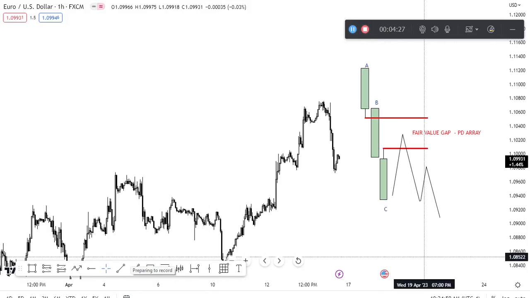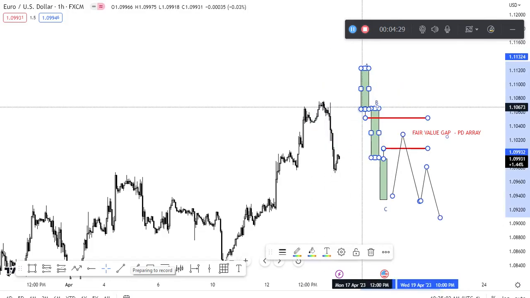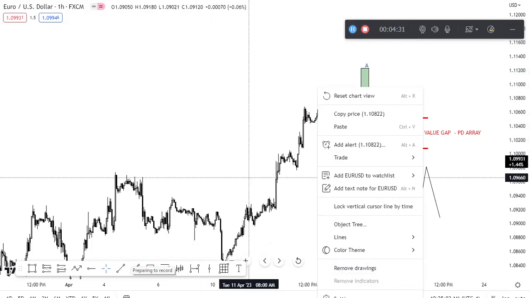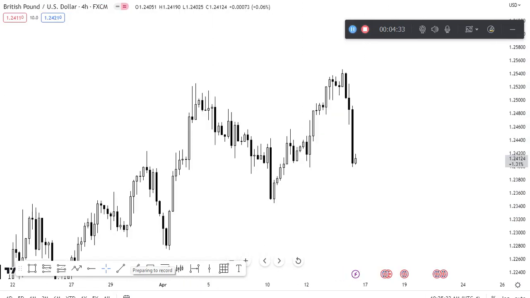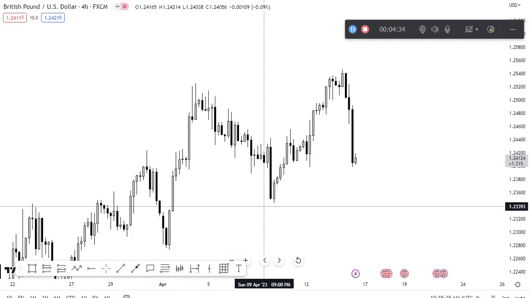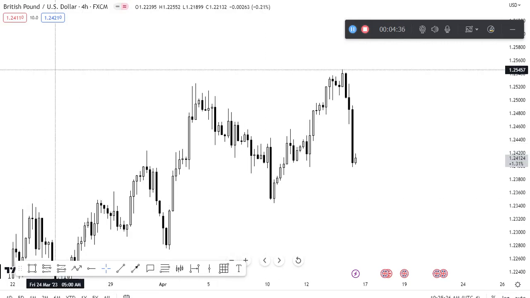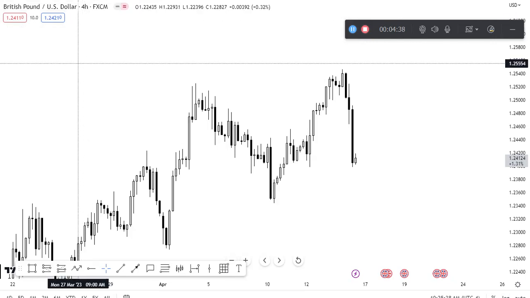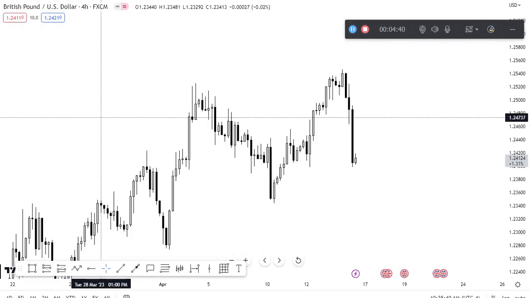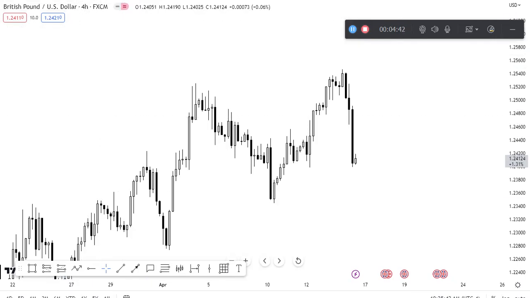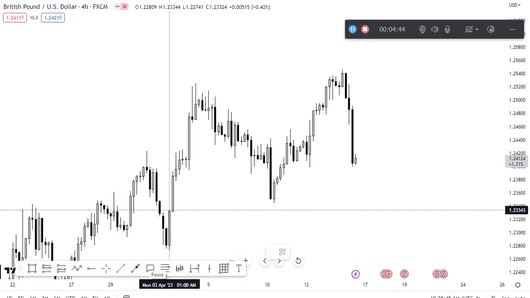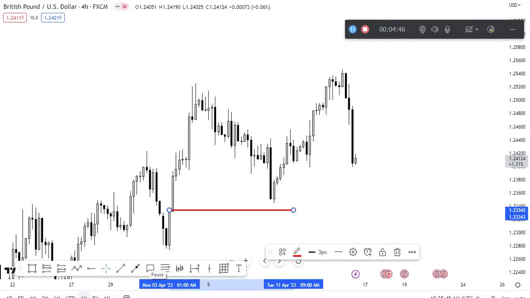Let me just show you a few more examples on live chart data to help you identify these zones. So right now we are on the 4-hour time frame on GBPUSD. This zone right here is what we call a fair value gap.